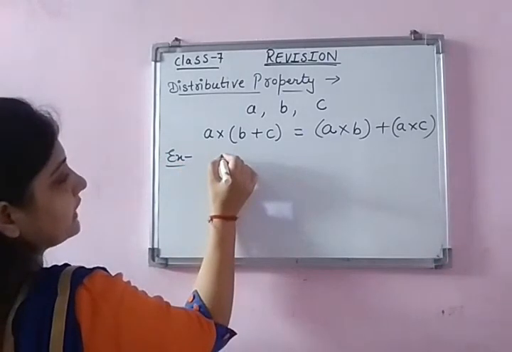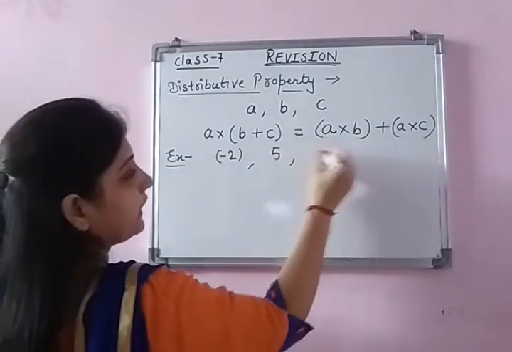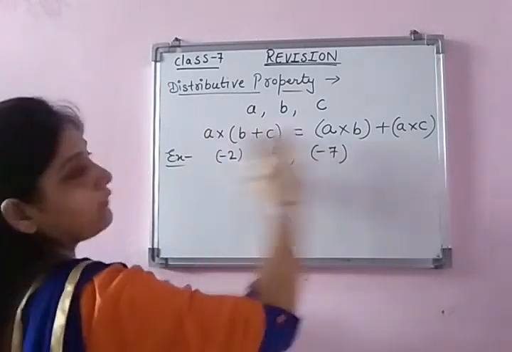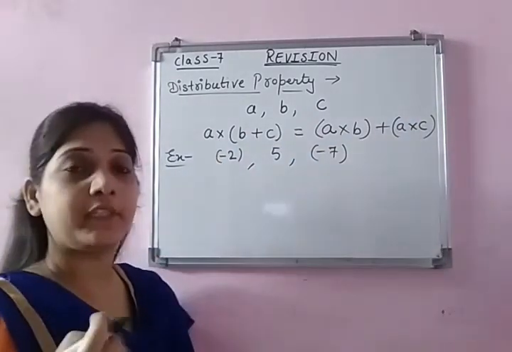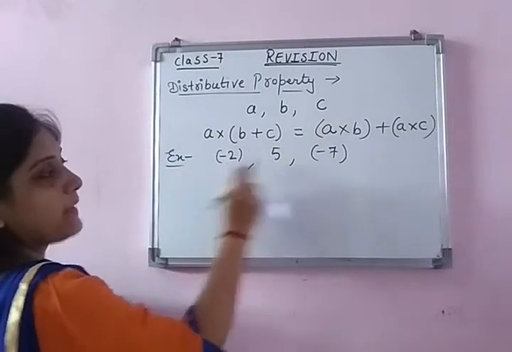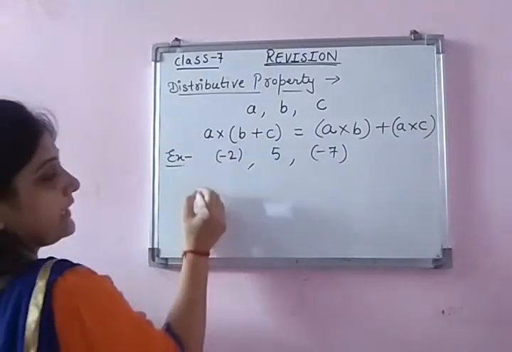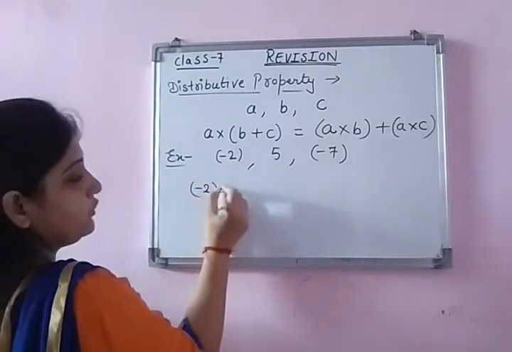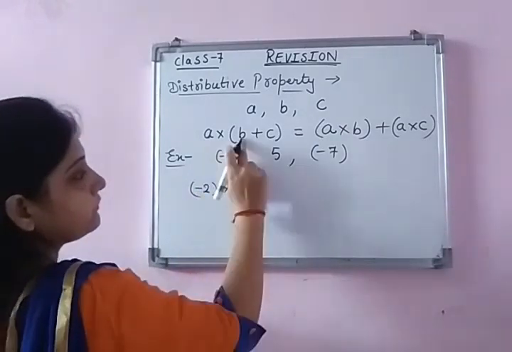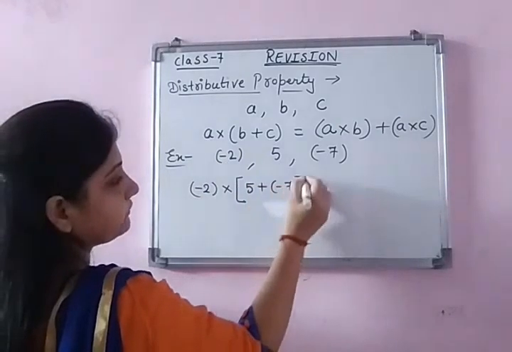Three integers are given to me: -2, 5 and -7. And I want to check whether the distributive property is true or not. So the value of a is -2, b is 5 and c is -7. Substitute in LHS first of all: -2 multiplied by (5 plus -7).